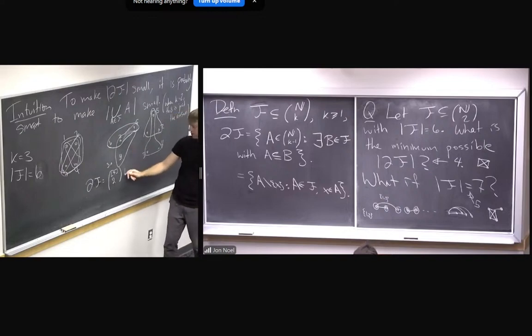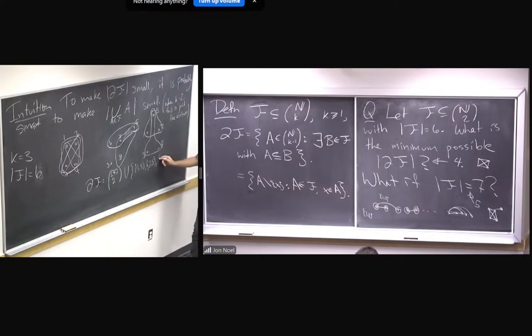In this case, you're going to get some sets involving 5: 1,5, 2,5, and 4,5. In this case, you're going to get extra things in your shadow, because you can get 5 with anything else. You still get the whole 4 choose 2, and then you get 5 with 1, 5 with 2, 5 with 3, and 5 with 4. So this is not a very good strategy.